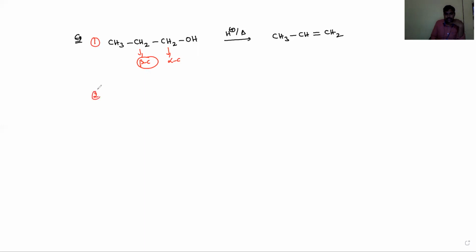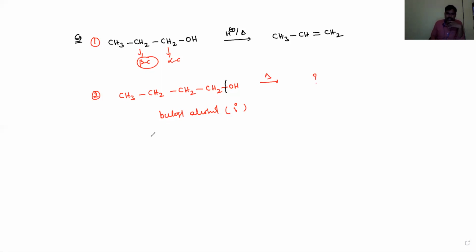And the second example: CH3CH2CH2CH2OH, butyl alcohol. This is also a primary alcohol. What is the major product?